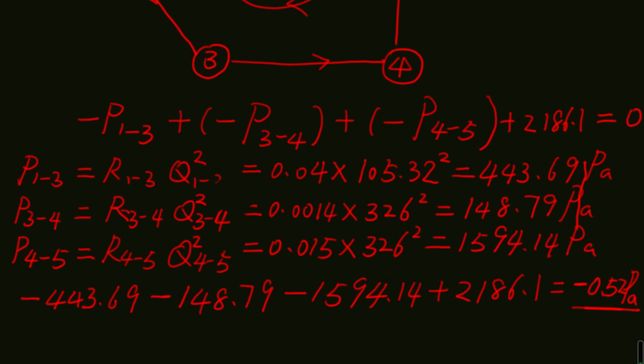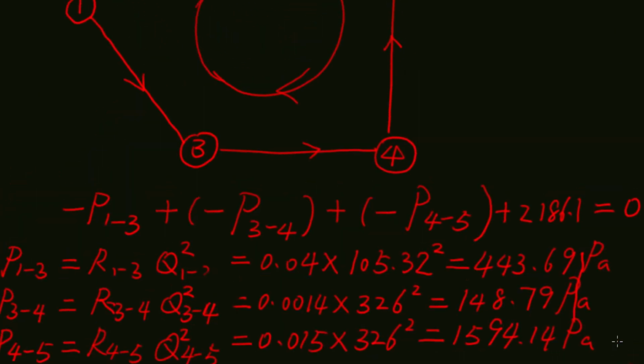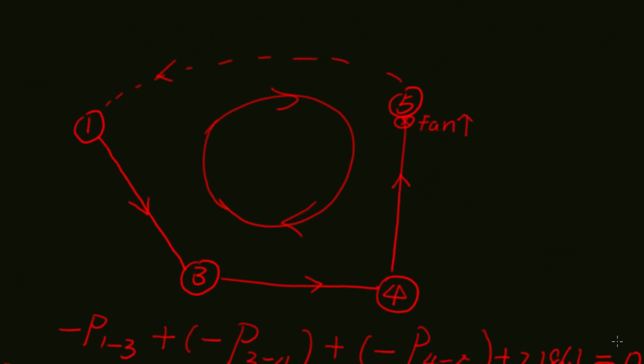Here, this little residue is due to round-off error. Therefore, this verifies that Kirchhoff's second law holds in the circuit 1 to 3 to 4 to 5 and back to 1. The pressure drop in this closed circuit equals 0.